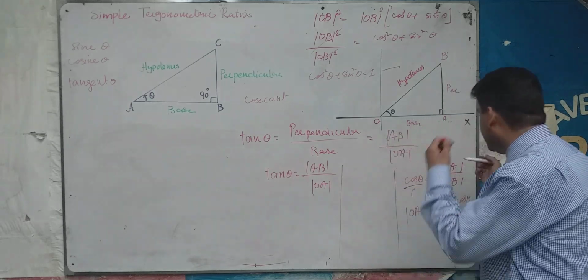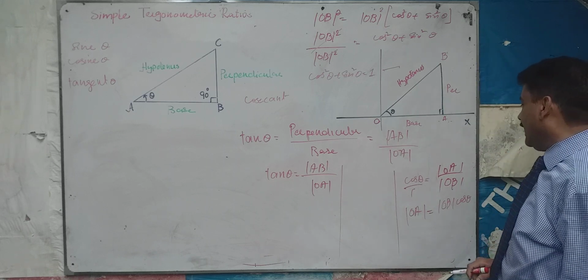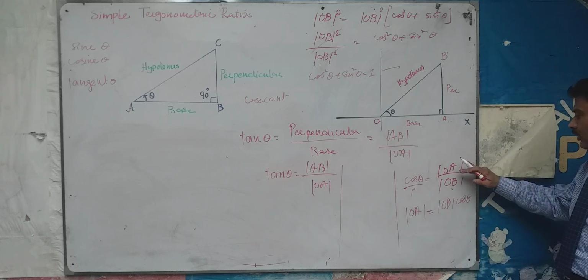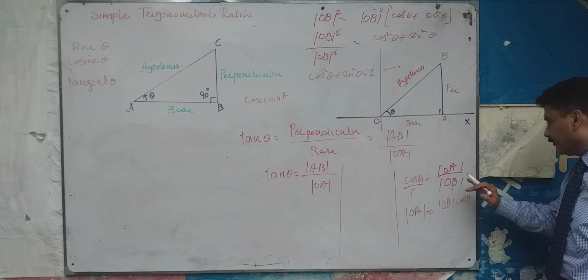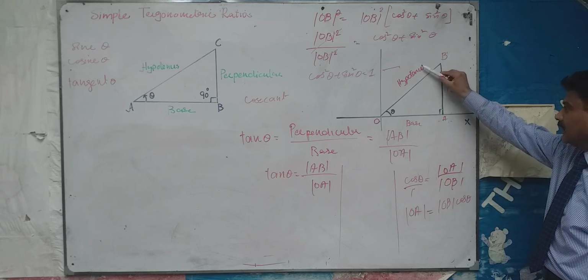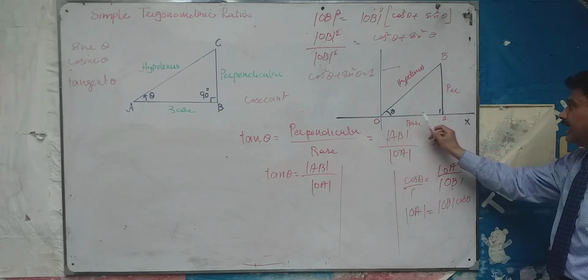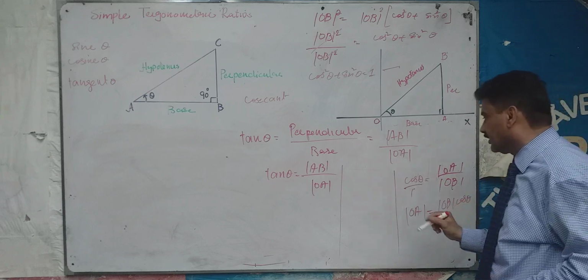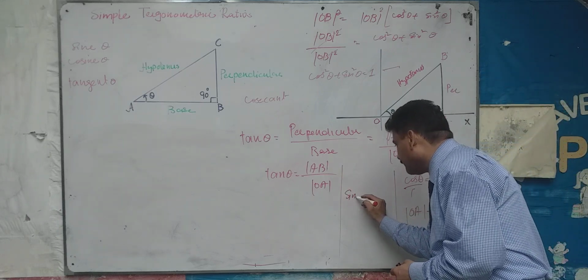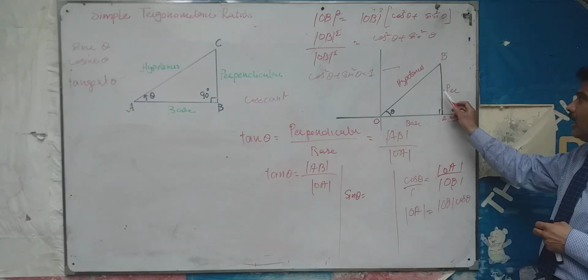Similarly, from here we find the value of AB. We know sin theta is a trigonometric ratio between perpendicular and hypotenuse.